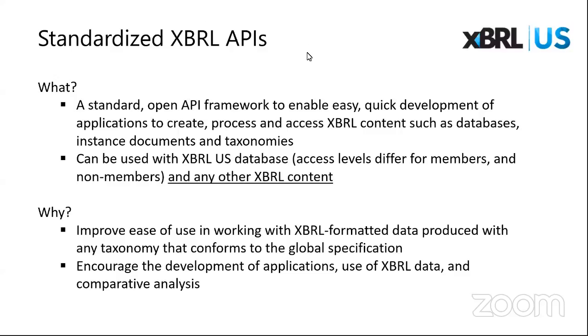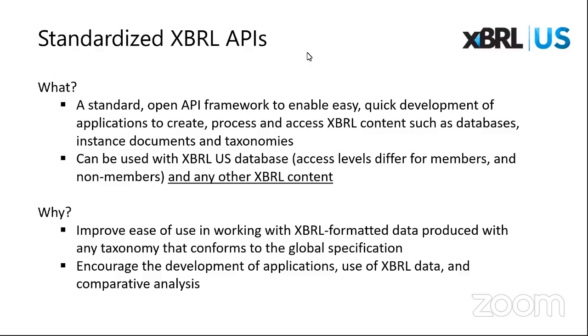And if you're interested, you can also get access to the XBRL US database itself. We have a public database, which you can query too. The APIs basically enable you to get information about XBRL taxonomies and the underlying data.